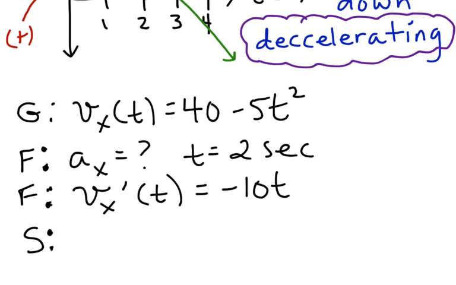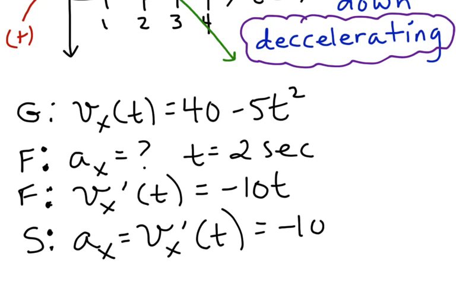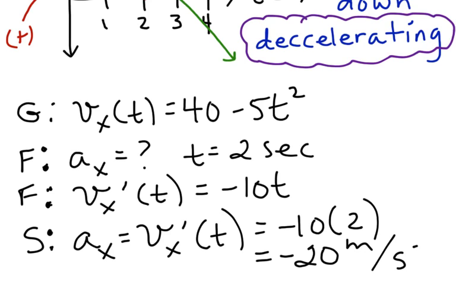And so for solving then my instantaneous acceleration, which is the derivative of my velocity as a function of time, I'm going to plug in 2 seconds for t, and I'm going to get a negative 20 meters per second squared.